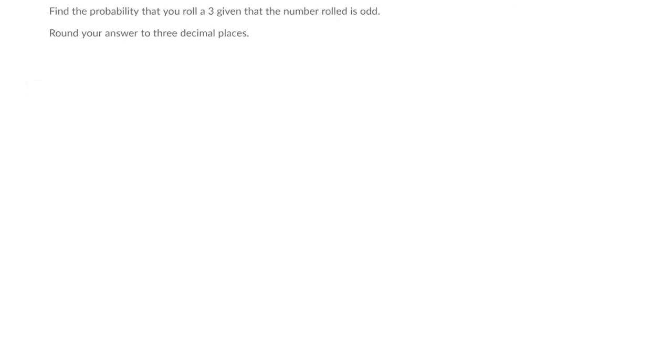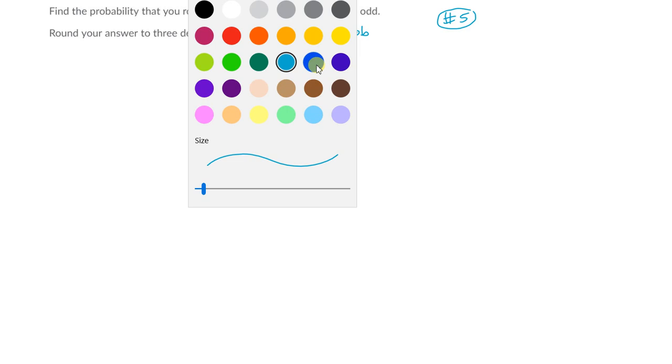Okay, so for problem number 5 here: probability that you roll a 3 given that the number you rolled is odd. So this is a given that. Given that means conditional probability. They're not naming these events, so let's put some names on them.